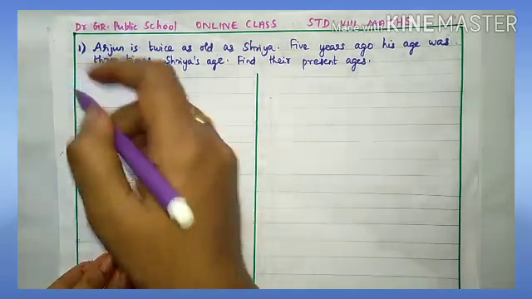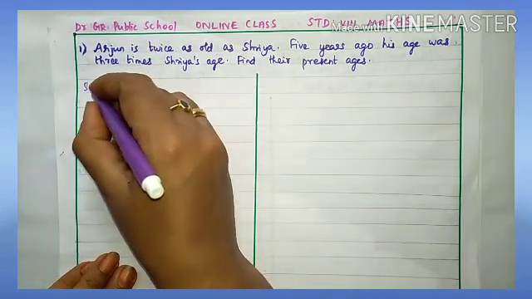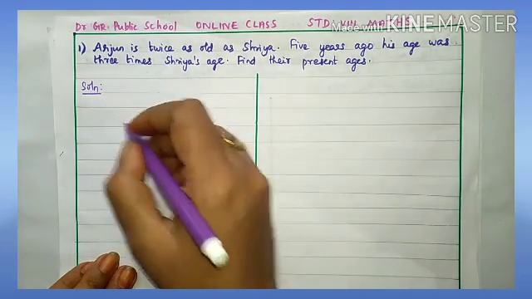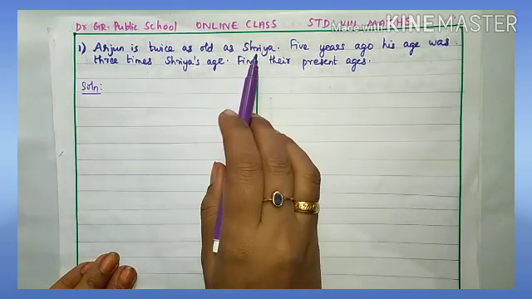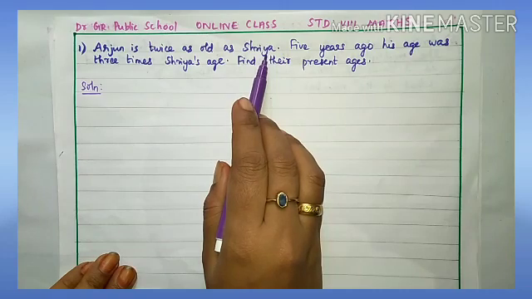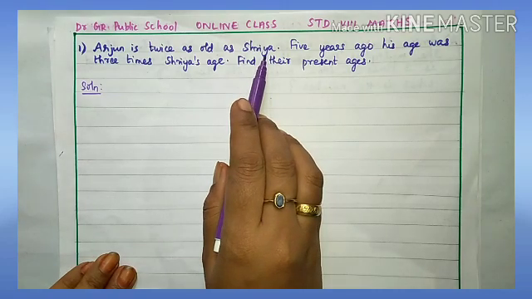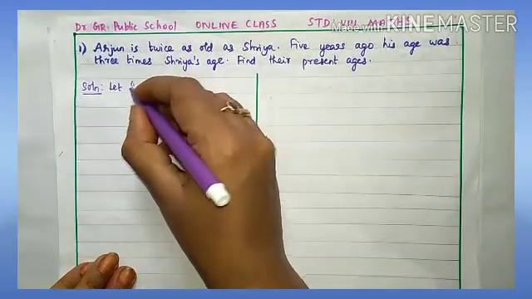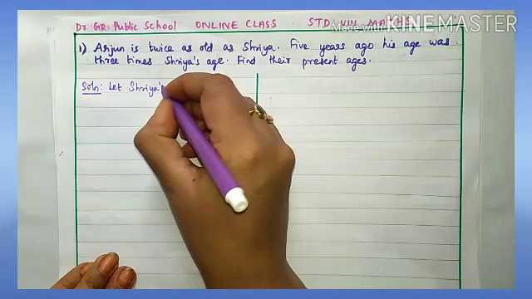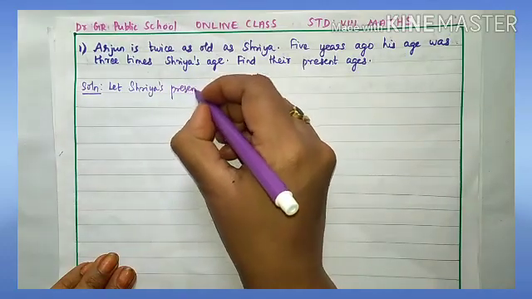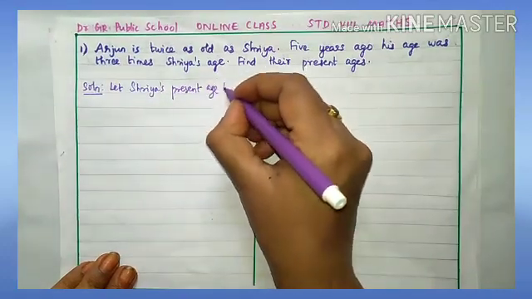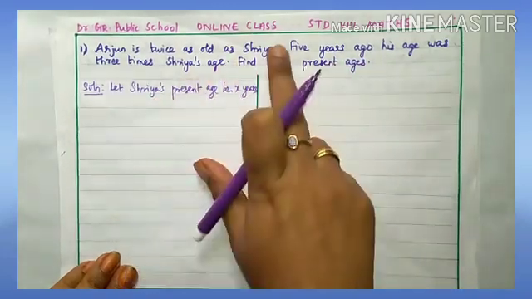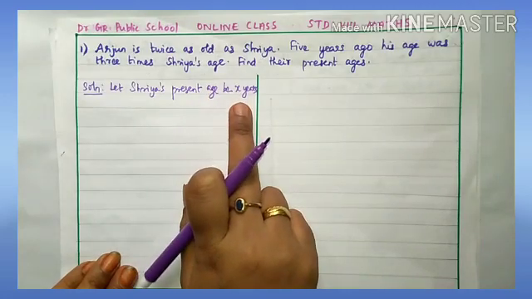We can form the equation. So put solution here. Solution. So what I told, I am going to take Shreya's age as x, unknown quantity. So let Shreya's present age be x years. Okay, so I took Shreya's present age as x years.